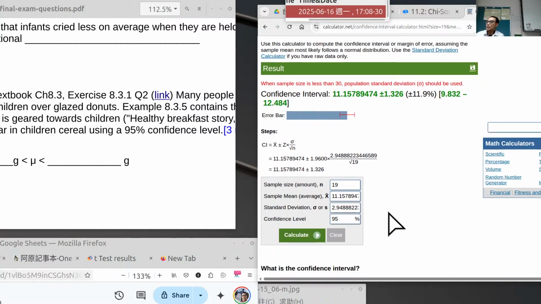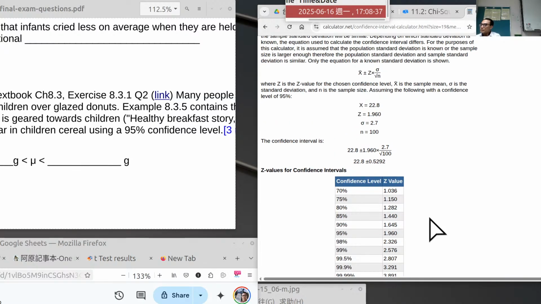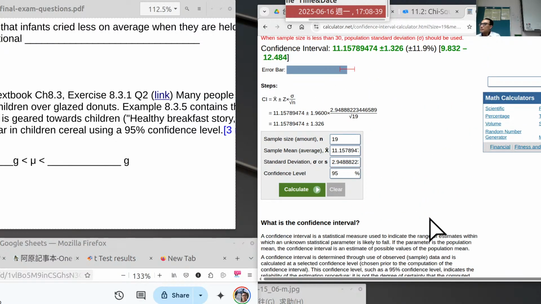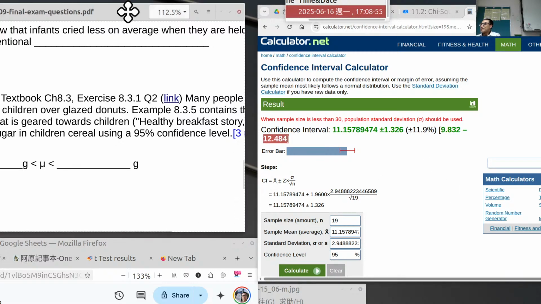At the calculation, we got the answer here. The answer is the average plus and minus, and we got 9.832 between that and 12.484. The answer is here.